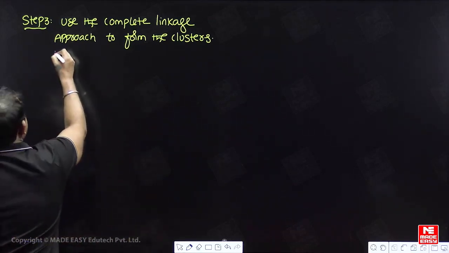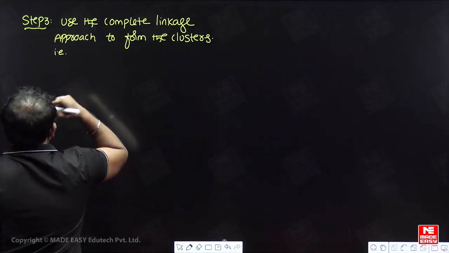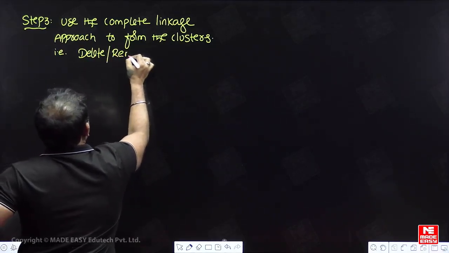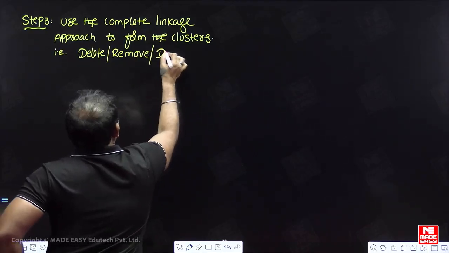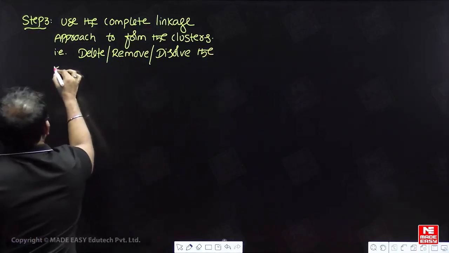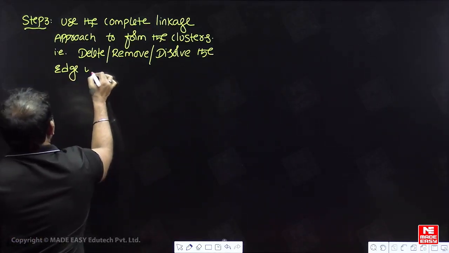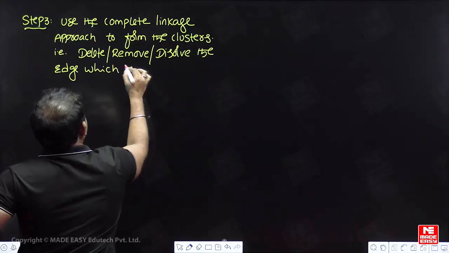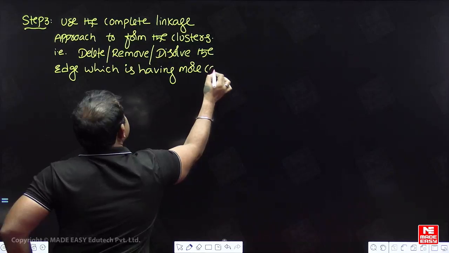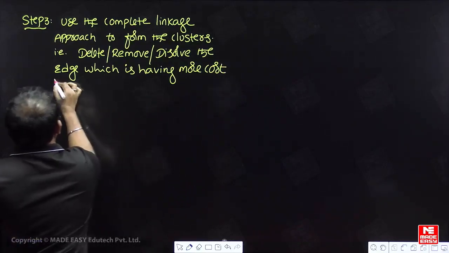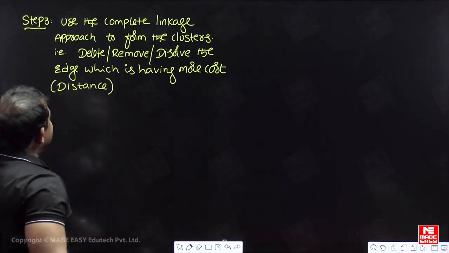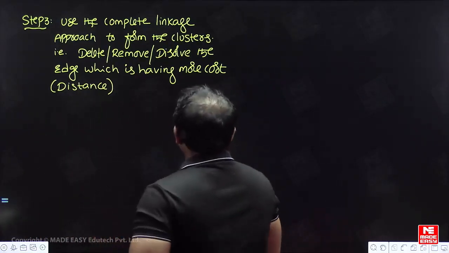That is, delete or remove or dissolve the edge which is having more cost. More cost is nothing but more distance.